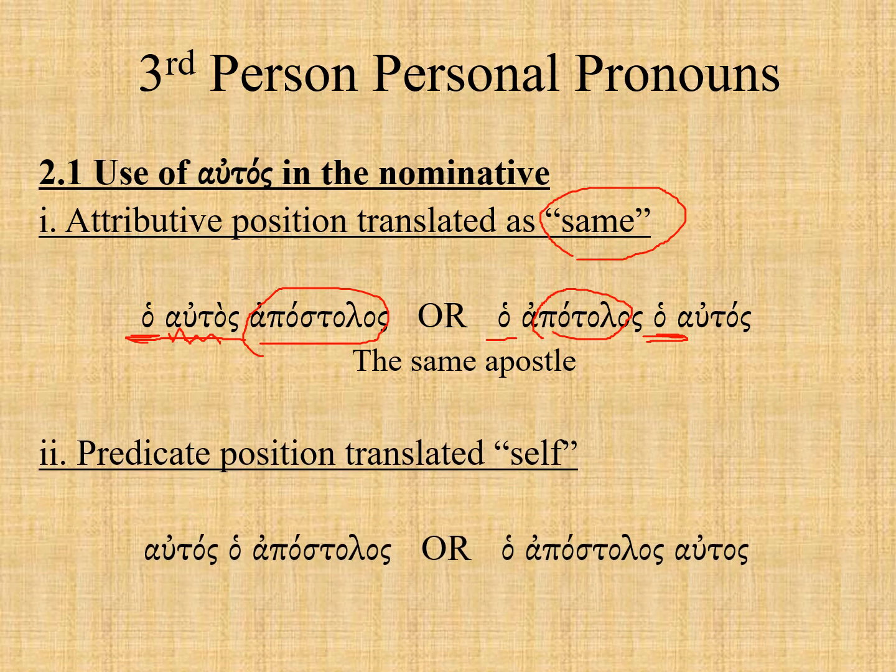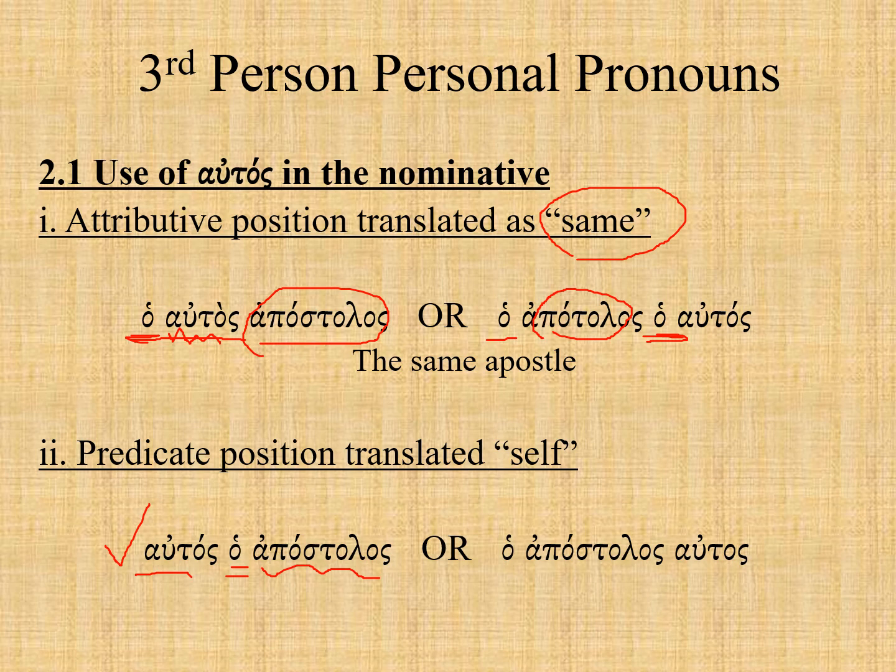Another usage is the predicate position of autos. Then we translate autos as self. Here you can see that we still have the word autos. However, we have ho apostolos, and now we don't have the article in front of autos. In other words, it is considered to be in the predicate position.